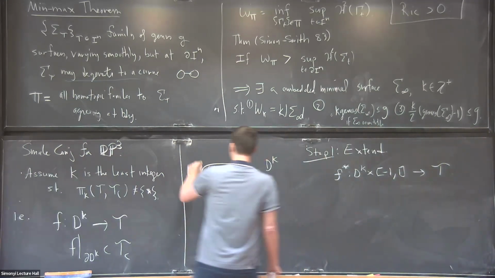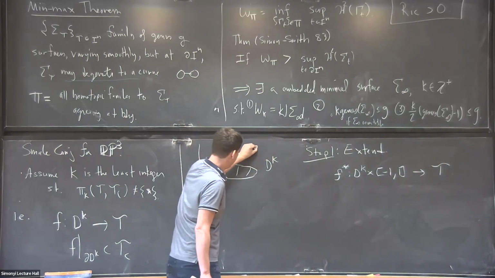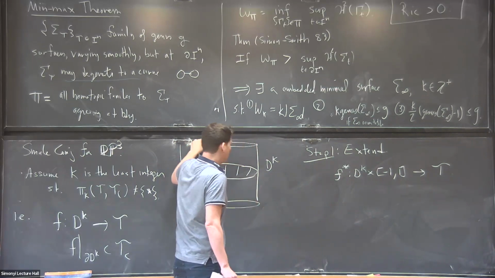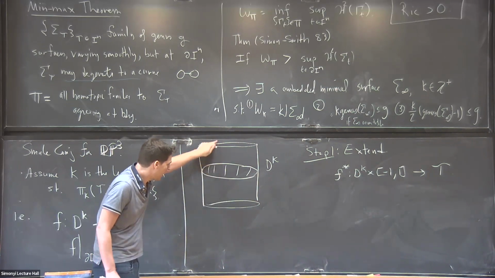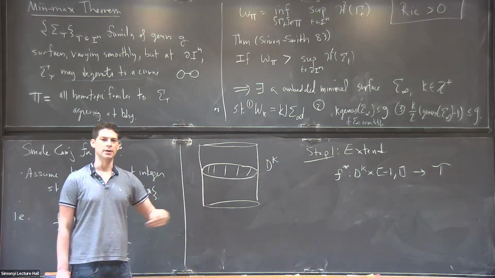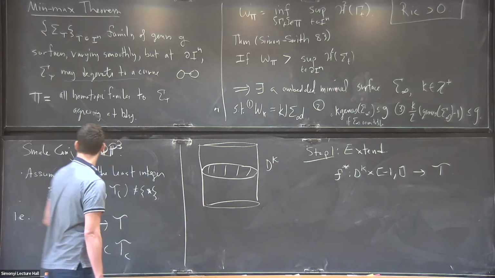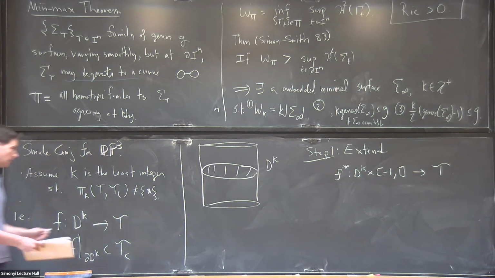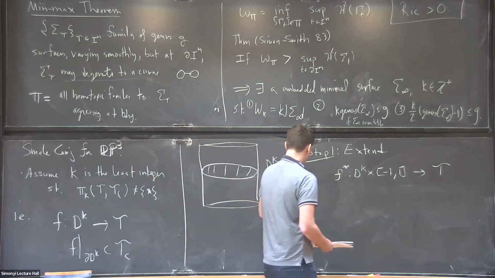So let me just draw a picture. So we're going to make an extension, and the way we do it is so that each line going up and down is a non-trivial one parameter sweep out of RP3. In other words, it's like the CMC foliation that we had over here.